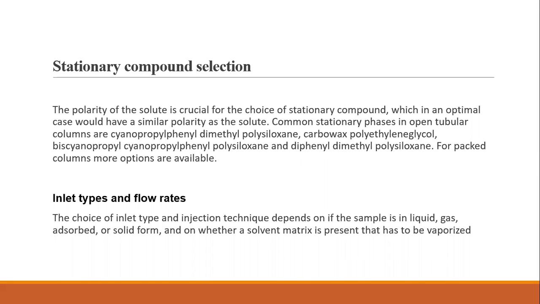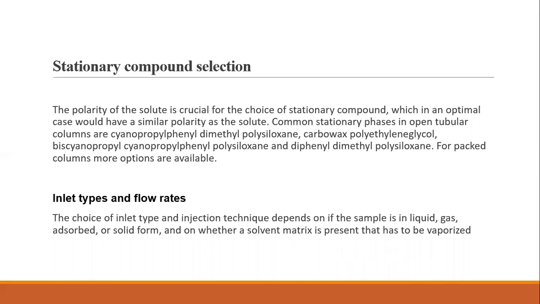The choice of inlet type and injection technique depends on whether the sample is in liquid, gas, adsorbed or solid form, and on whether a solvent matrix is present that has to be vaporized. Dissolved samples can be introduced directly onto the column via an injector if the conditions are well known.